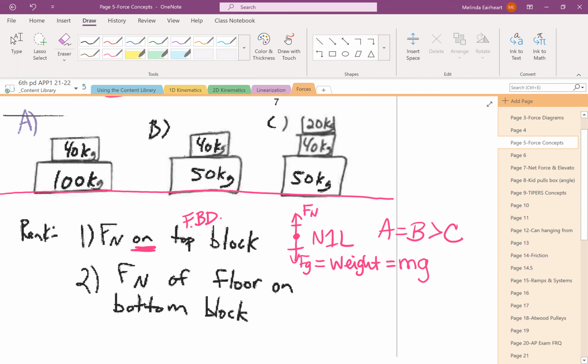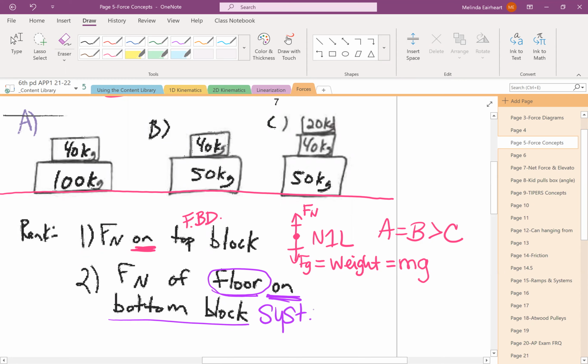All right, question 2. What about the normal force of the floor on the bottom block? Now, traditionally, I would say we'll draw the force diagram of the bottom block. We're not going to get nitty-gritty necessarily with systems right now, but think of it a different way. Take a system approach.